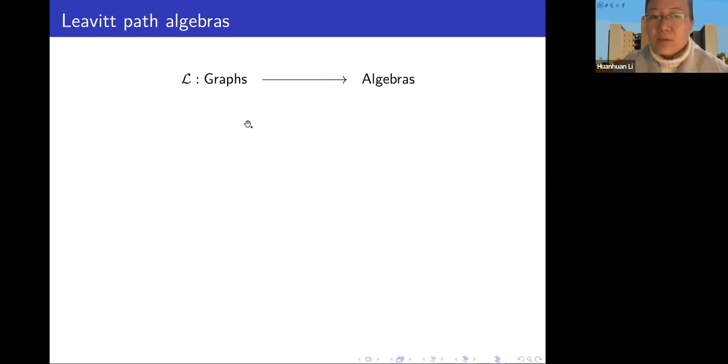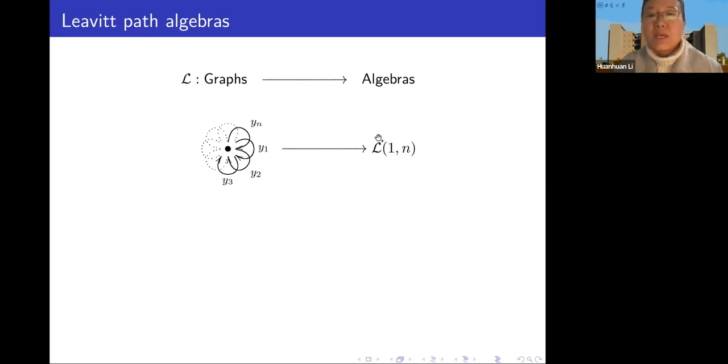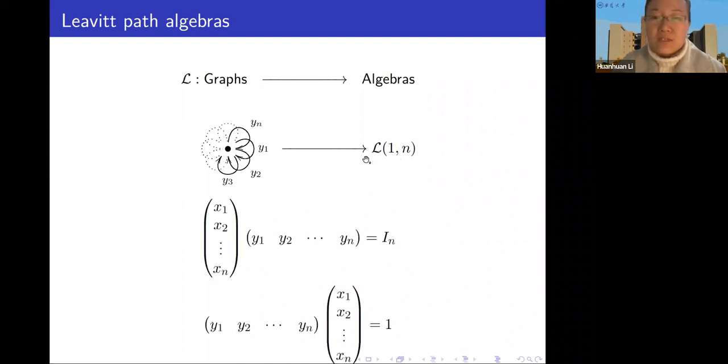For example, given a graph, such as this rose with n petals, we use the graph data to get a Leavitt path algebra, which we denote by L_{1,n}. This L_{1,n} has the following two relations. This is exactly the Leavitt algebra we introduced at the very beginning, so the Leavitt algebra is a very special Leavitt path algebra.